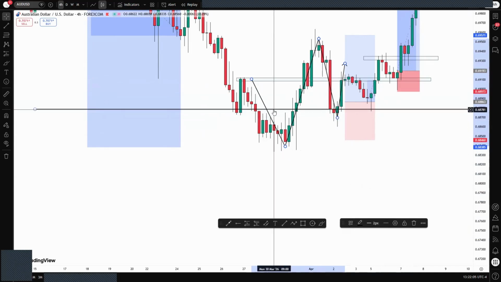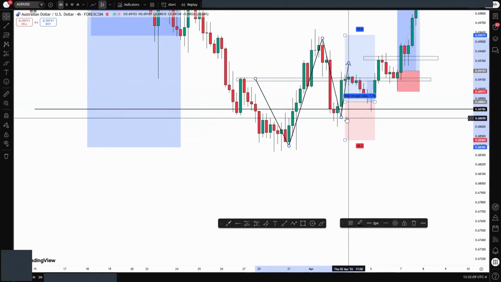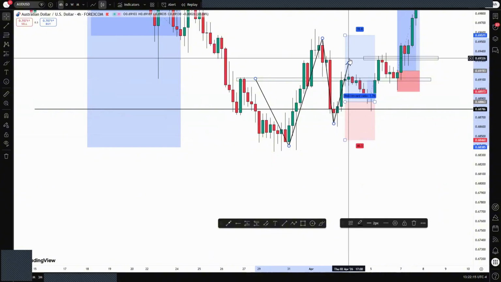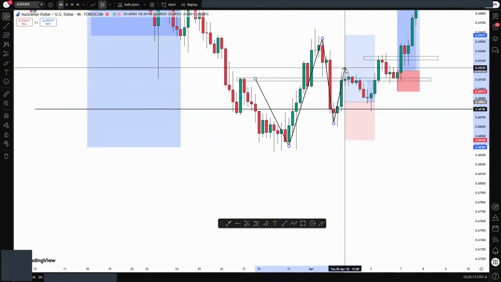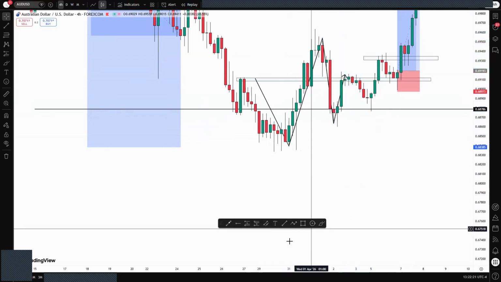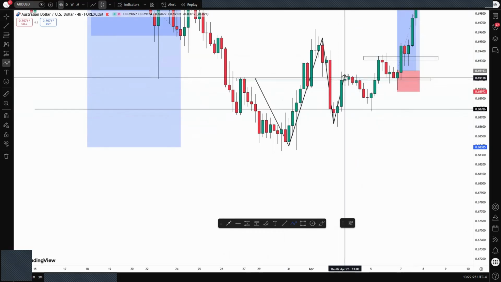So it covers this level here, this space, okay? It actually breaks in deep. So when it breaks in deep, this becomes a very nice trade. Because you have to wait for price to break above.